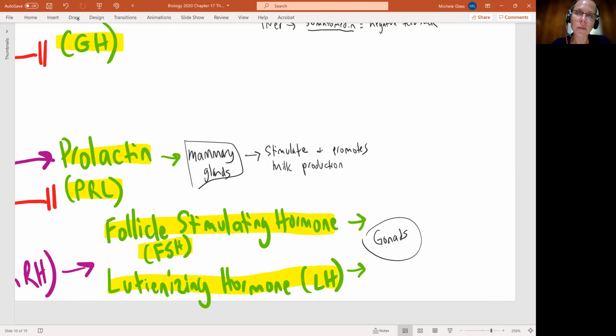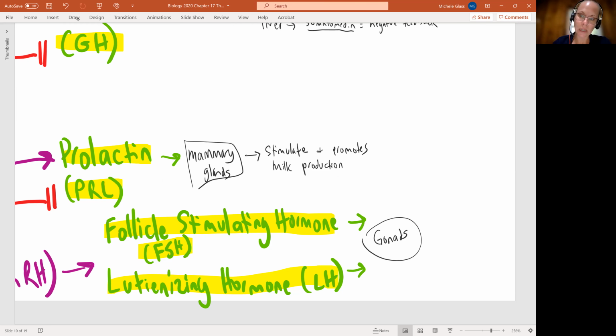The gonads are going to be collectively testes and ovaries. So we do see that there are differences in different bodies, whether you have testes or ovaries, but we do see the follicle stimulating hormone and the luteinizing hormone being produced in all body types.